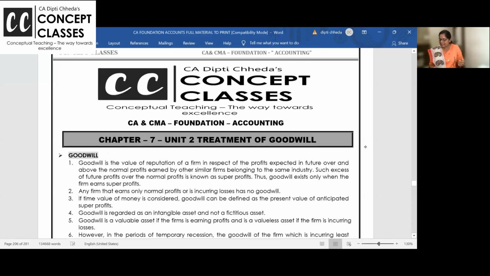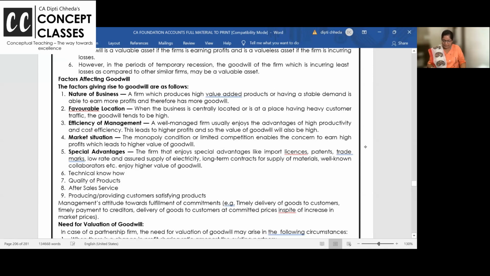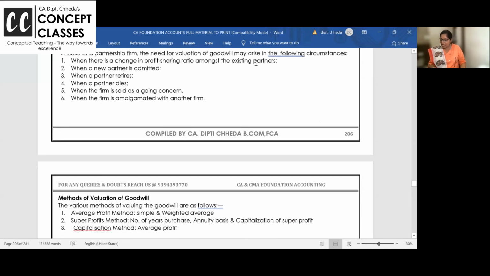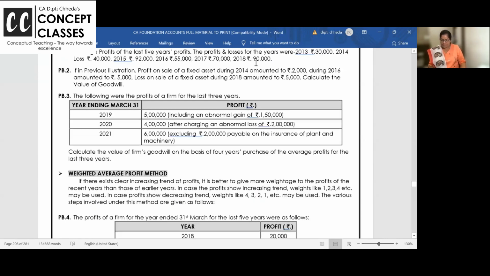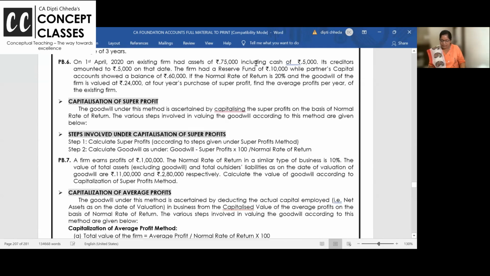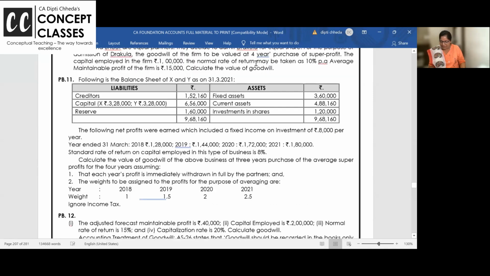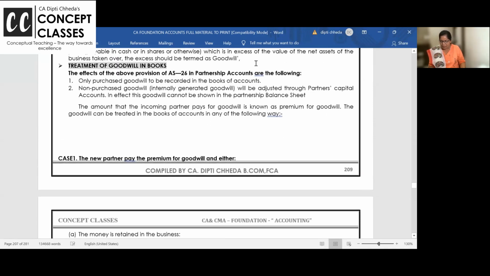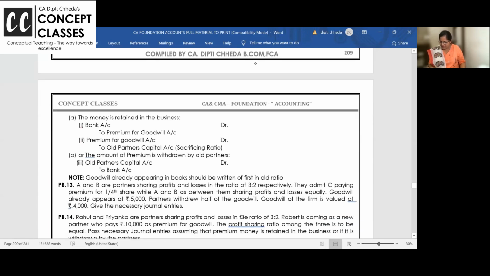Yeah, yesterday's class, I'm just checking, that was the fourth class for treatment of goodwill. So we now know whether how to calculate the goodwill is clear or not. Just now I've revised super profit, capitalization of super profit, annuity, and some very good problems. Now we are seeing how to record the journal entry.